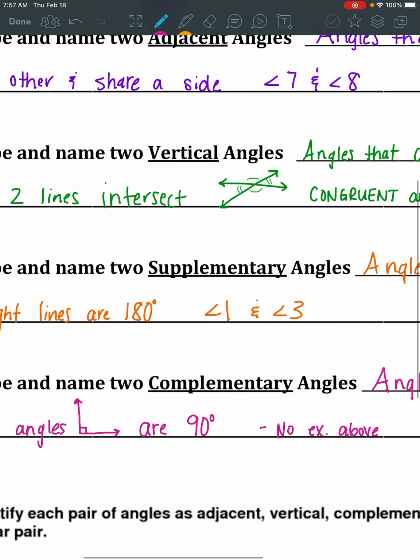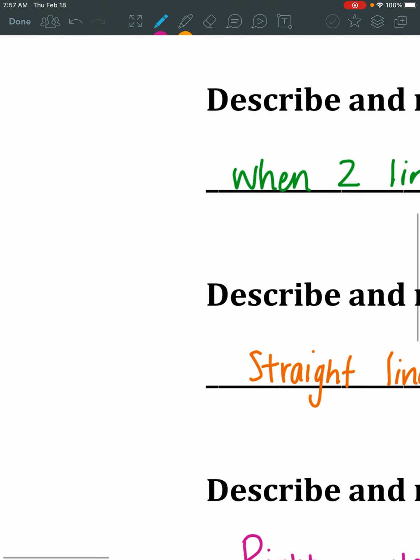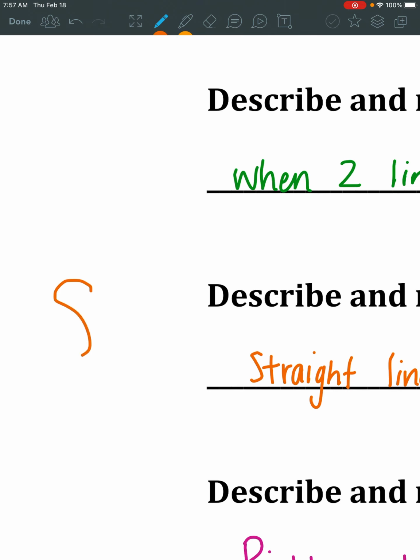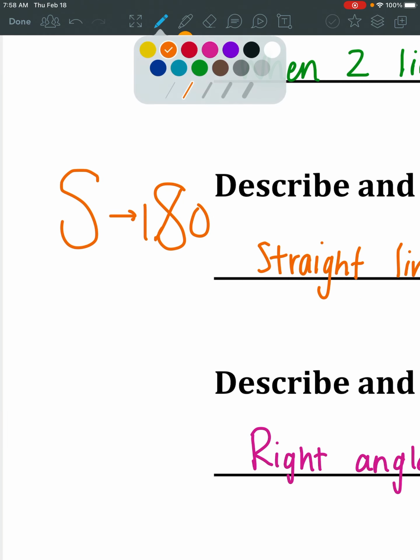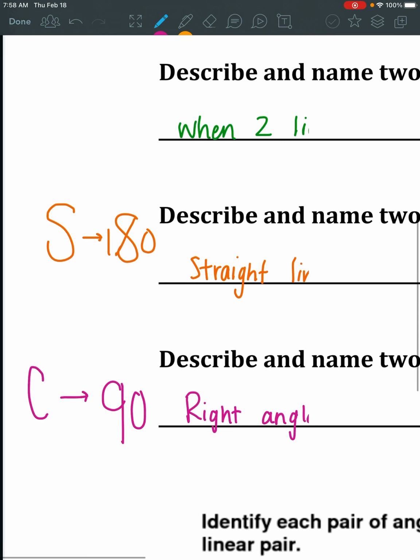Now, I always got confused when I was in school differentiating between supplementary and complementary, what they add to. To help you with that, and I would write this down in your notes, an S can be turned into the number 8. So that's how I remember 180. Then the C in complementary can be turned into a 9 for 90 degrees.